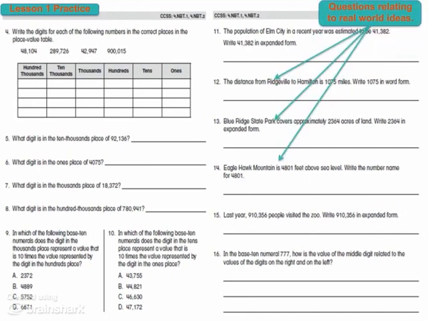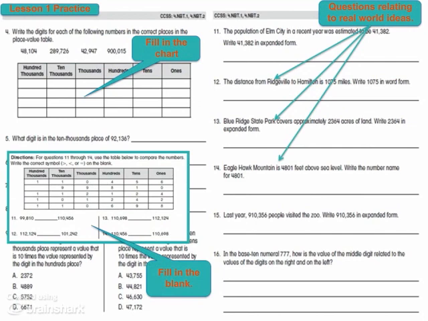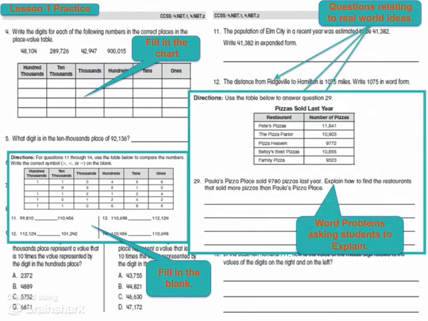The Common Core wants students answering questions that relate to real-world issues. Throughout the Buckle Down lessons, you'll see a variety of practice question types. Some will have students fill in the chart, others will be fill in the blank or short answer, and some will be word problems asking students to find the answer, but also to explain how they found their answer.